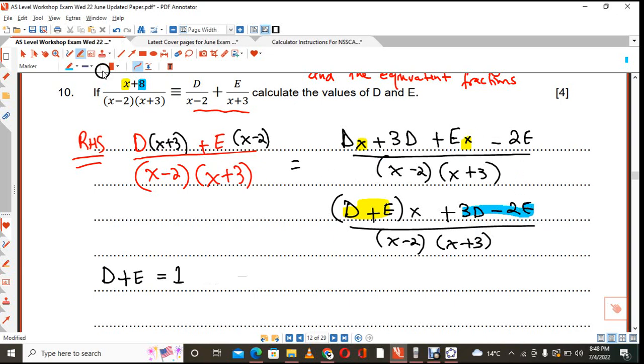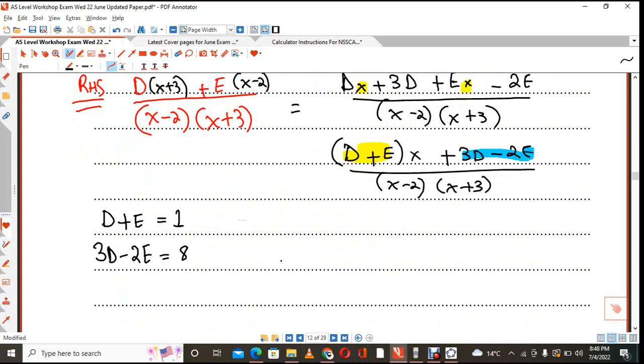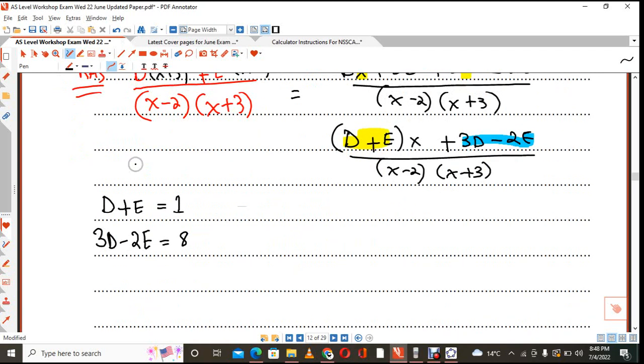Are you with me? So that means I'm going to say 3d minus 2e will equal 8. So the objective now is to solve these two equations simultaneously, and you find the value of d and the value of e. Okay, so how do I go about doing that?